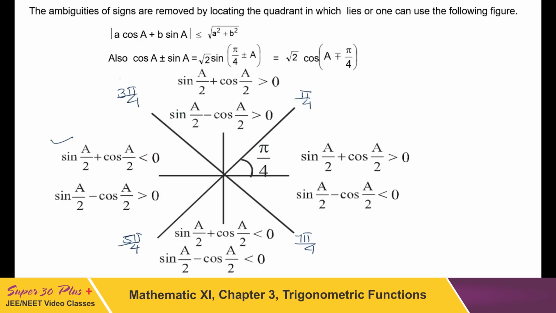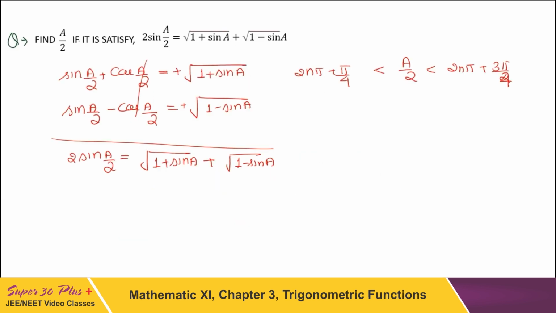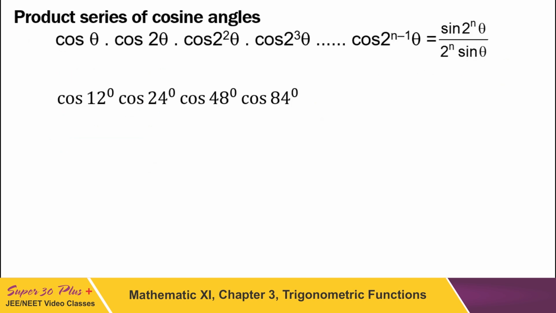Between pi by 4 to 3 pi by 4, sin a by 2 plus cos a by 2 is positive and sin a by 2 minus cos a by 2 is also positive. After adding 2n pi in these angles, we can obtain all the angles which satisfy the given equation. So the answer is a by 2 belongs to 2n pi plus pi by 4 to 2n pi plus 3 pi by 4.